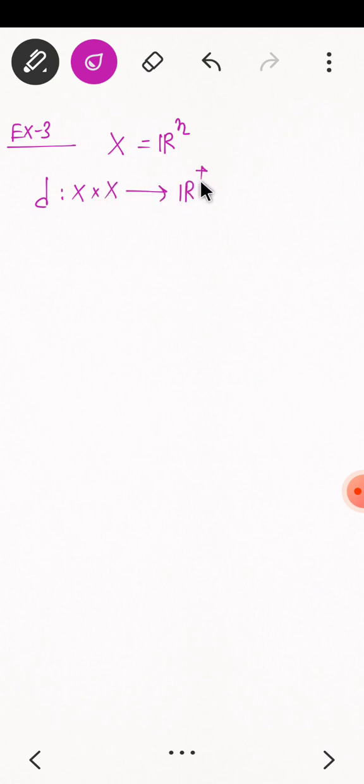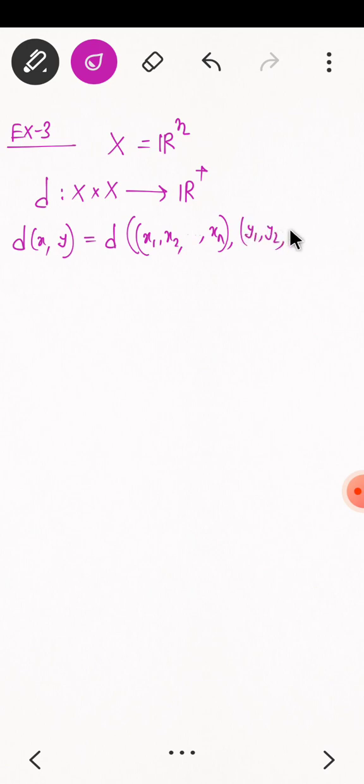So next example, if we take X equal to R to the power n and d is defined from X cross X to R plus by d of xy, where x is (x1, x2, ..., xn) and y is (y1, y2, ..., yn).